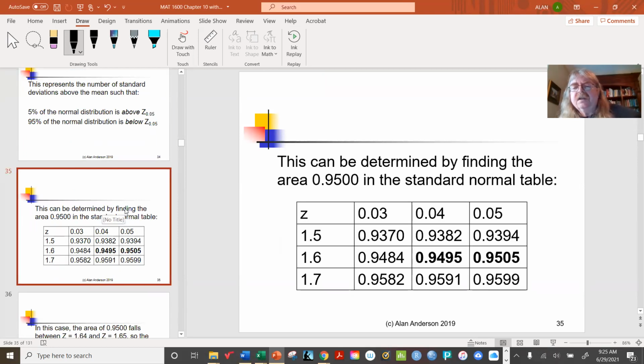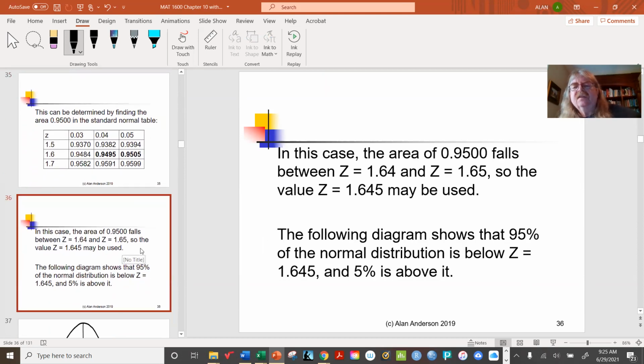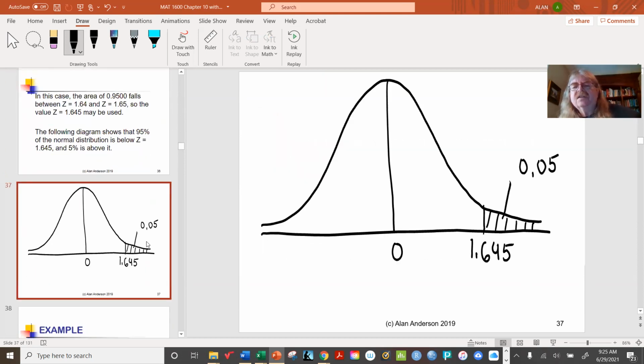So I went to the charts, or you can use invNorm on your calculator, to find that the equivalent z-score is 1.645. It's actually halfway between 1.64 and 1.65, so we'll call that 1.645. And so this is what we end up with. That 1.645 is what we mean by z alpha, and it is our critical value.